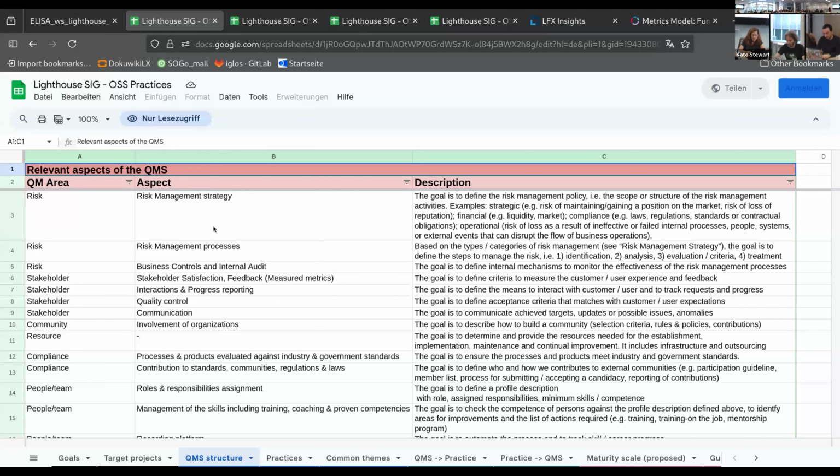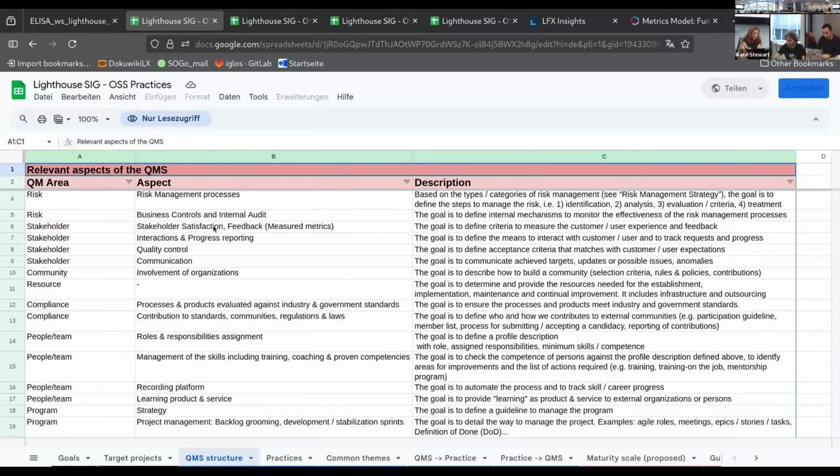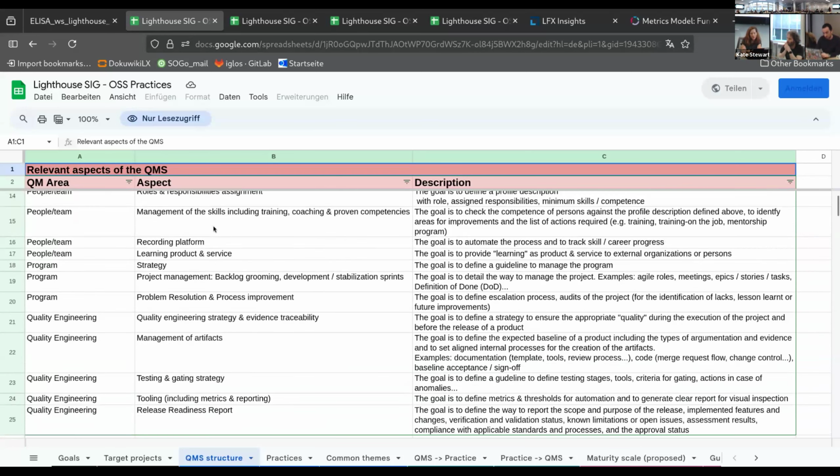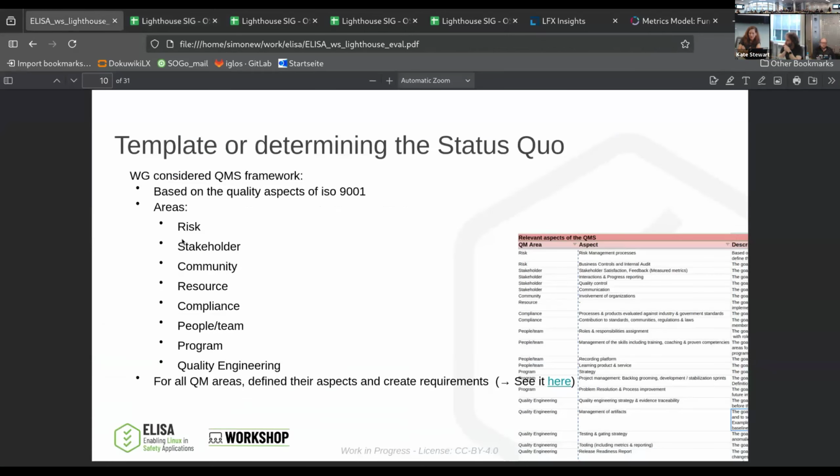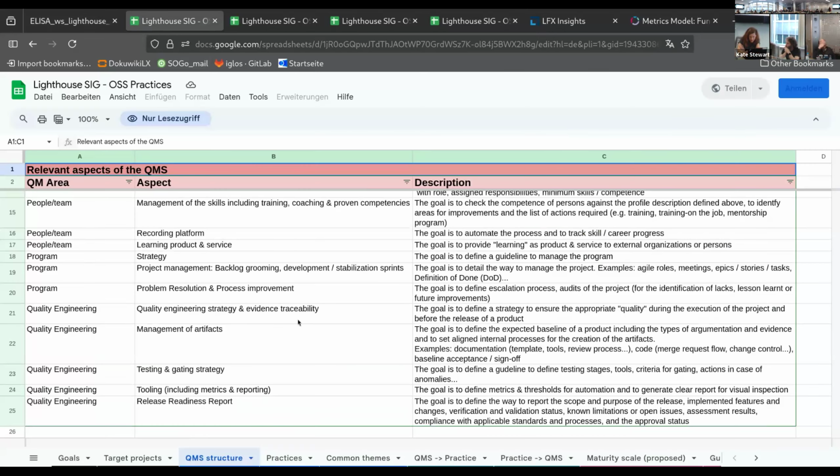That is also the process I could apply to. And so areas from a QMS framework are considered, and then we have defined the aspects and created requirements, and you can see that also here on the worksheet.